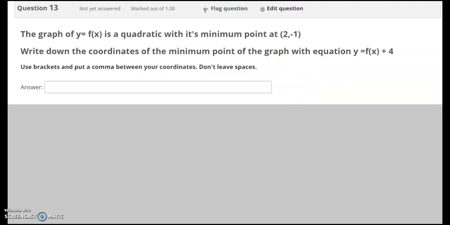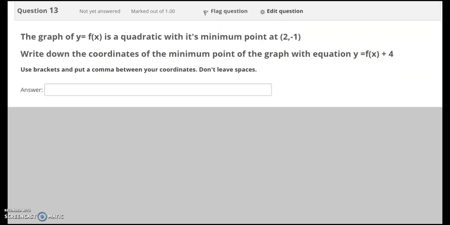In question number 13, we've got the graph of y equals f(x), a quadratic with its minimum point at (2, -1). Write down the coordinates of the minimum point of the graph with the equation y equals f(x) plus 4. So I will very quickly sketch the graph, and we've got a minimum point at (2, -1), about here.